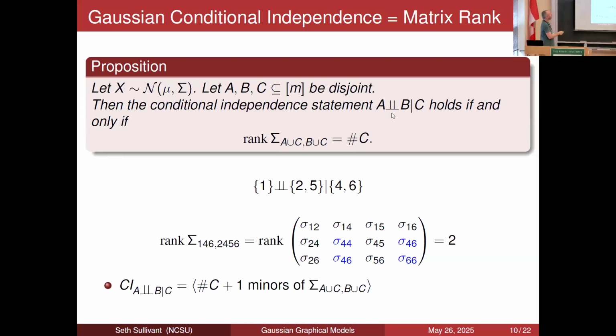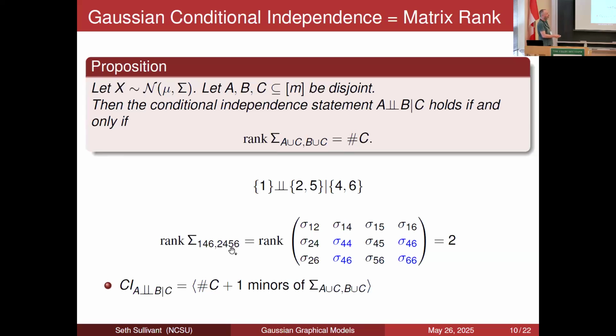So that holds for a normal random variable if and only if you look at the submatrix of the covariance matrix whose rows are indexed by A union C and whose columns are indexed by B union C, and the rank of that matrix is equal to the cardinality of C. As an example, take X1 independent of X2 and X5 given X4 and X6. I look at the submatrix with row indices 1, 4, 6 and column indices 2, 4, 5, 6.